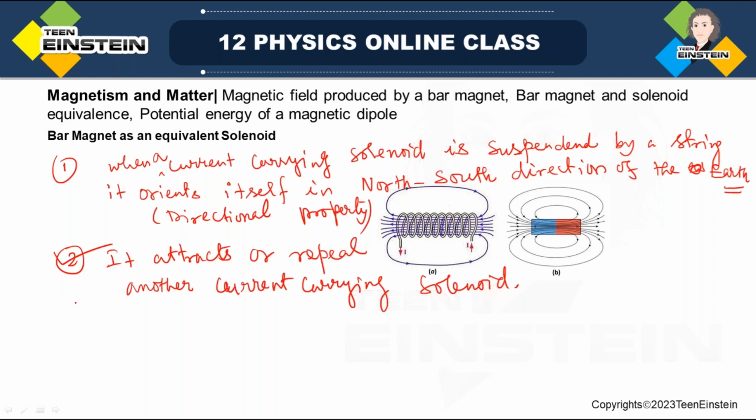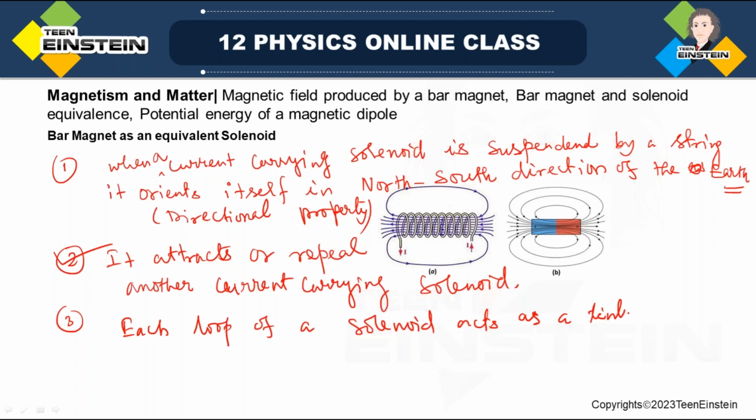So we can say that a solenoid also has north and south pole, and each loop of a solenoid acts as a tiny magnetic dipole.